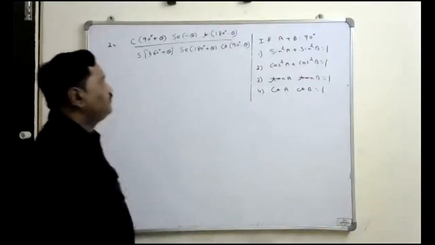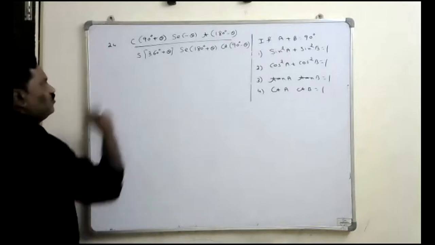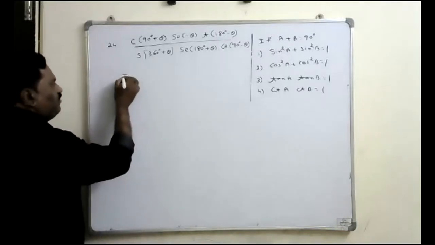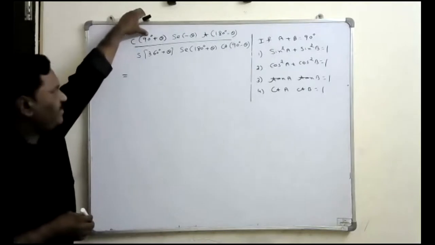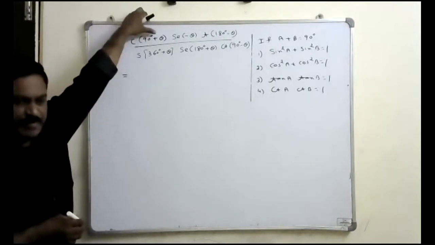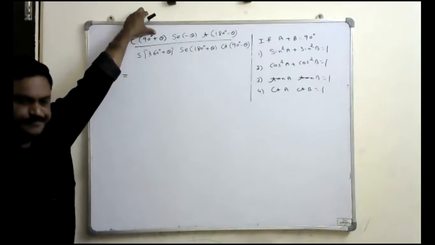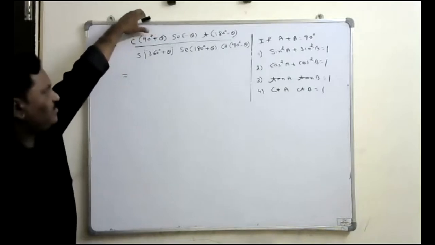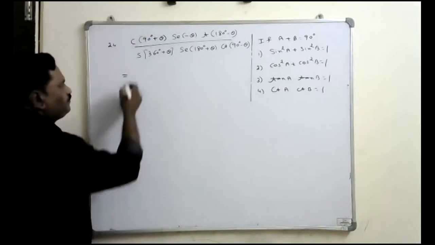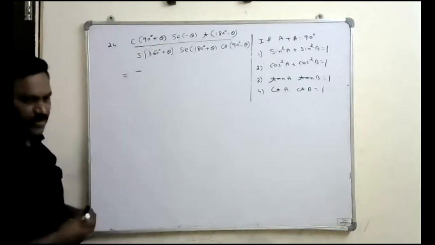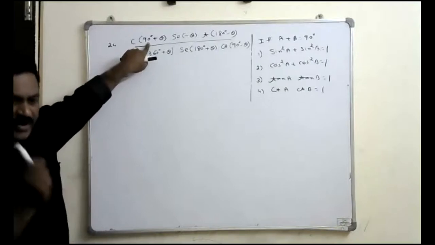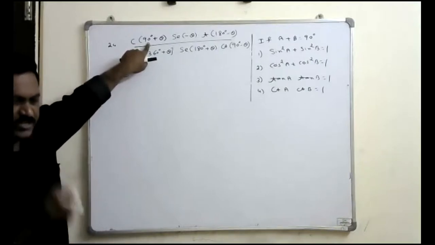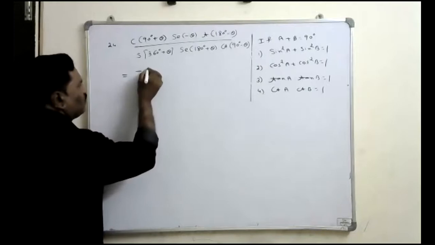Just observe here. To find its value, first we will simplify this. The first angle is 90 degrees plus theta. Which quadrant does it lie in? Second. In the second quadrant, cos is negative. And the quadrant angle is 90, so cos changes to sine.